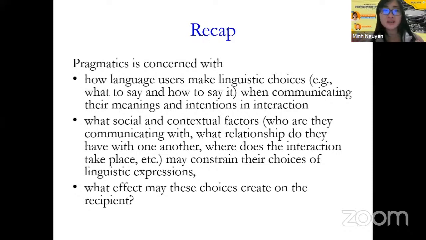Basically, pragmatics is concerned with meaning in interaction. And by meaning, we don't mean utterance meaning. We mean speaker meaning.